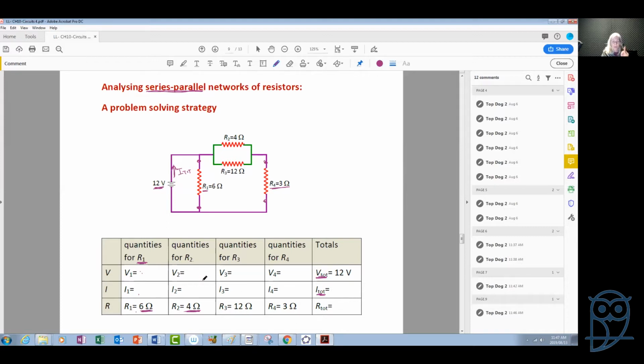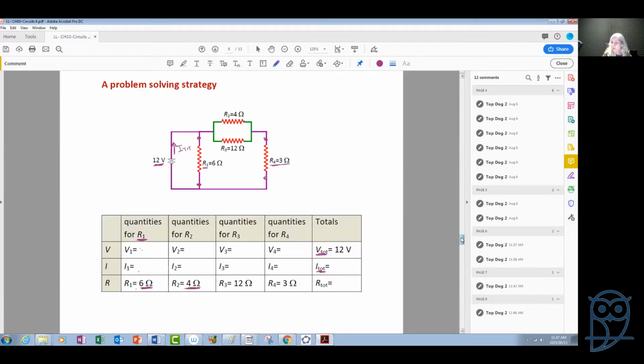And also, one important thing is that in each column, we can apply Ohm's law. Remember what is Ohm's law? R, for example, is V over I, or in whatever form, I equals V over R. It doesn't matter. It's the same thing.